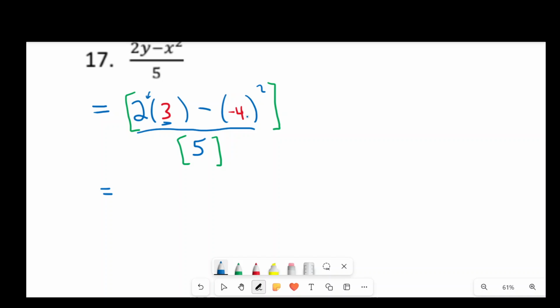Inside these brackets in the numerator I just have a number, which means the first thing I'm going to do is -4 squared, because I'm working inside the numerator bracket and doing the exponent step. So for the numerator, I'm just going to put this green bracket here.